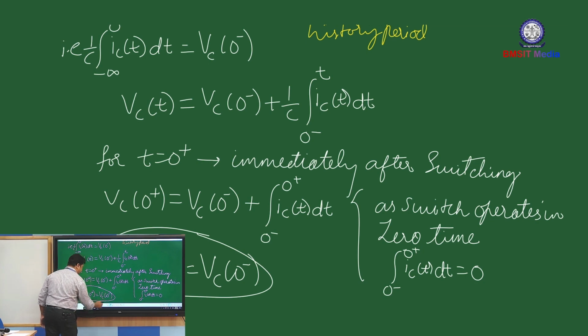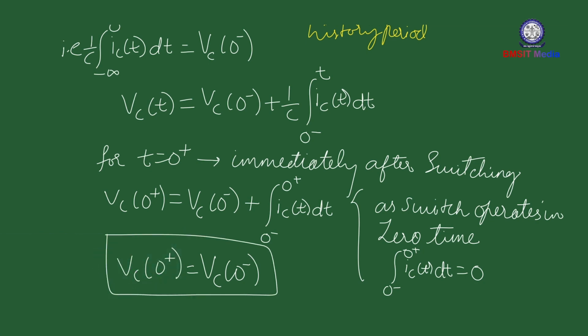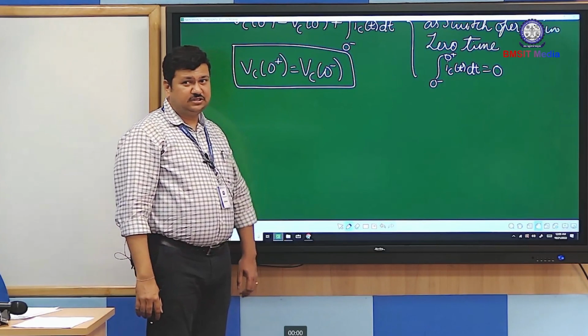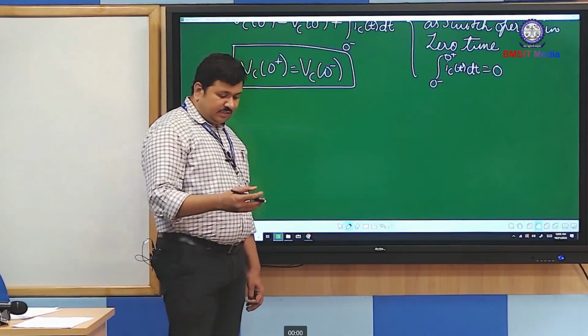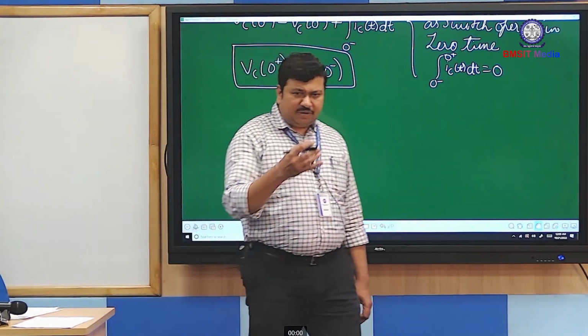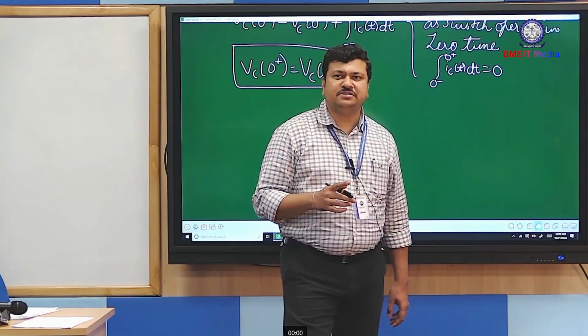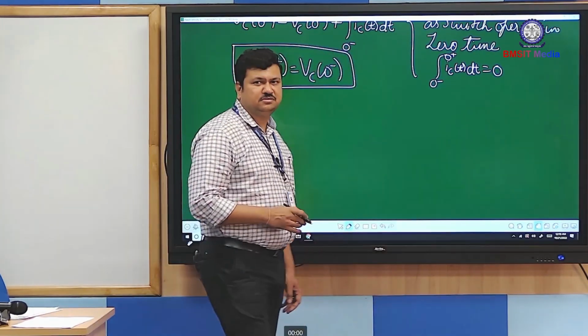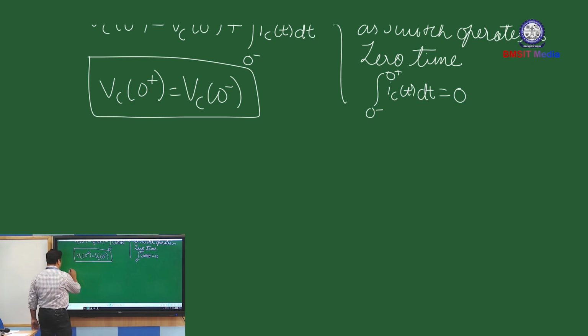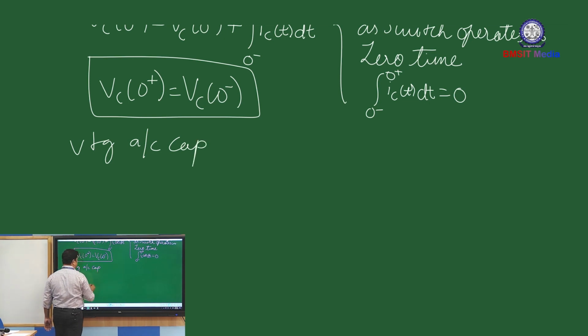Again, this is one of the important deductions. So what does it mean? The voltage across the capacitor immediately after the switching is the same as the voltage across the capacitor just before the switching.